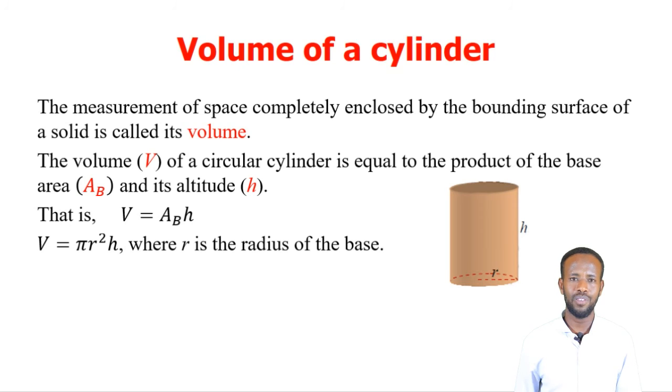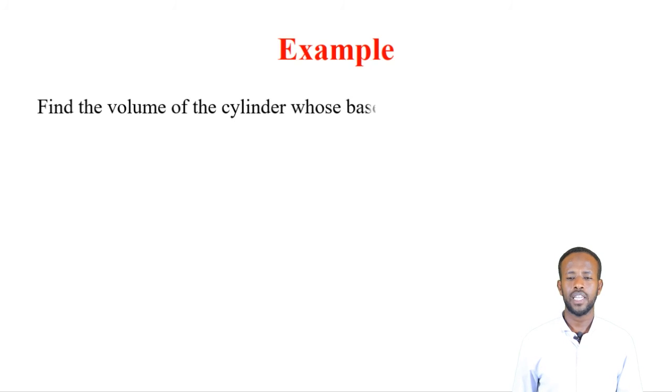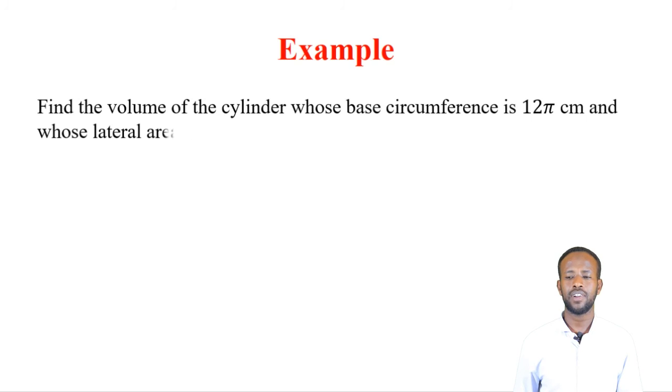So if you want to calculate the volume of a cylinder, simply multiply πr square by the height of the cylinder. Let us see an example about this. Example: find the volume of the cylinder whose base circumference is 12π centimeter and whose lateral area is 288π centimeter squared.